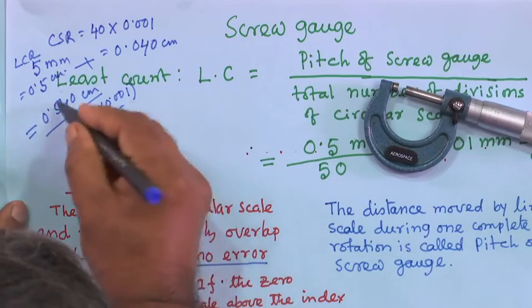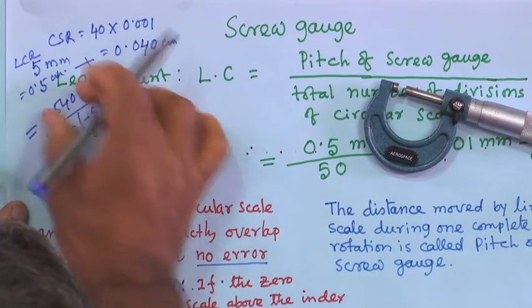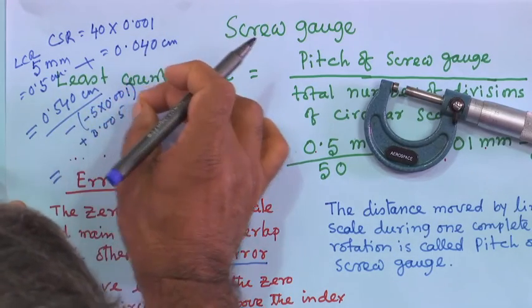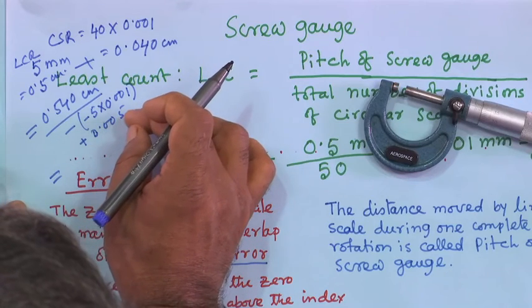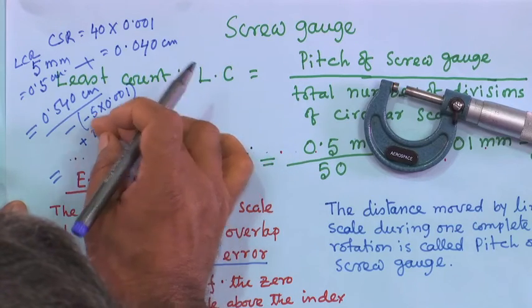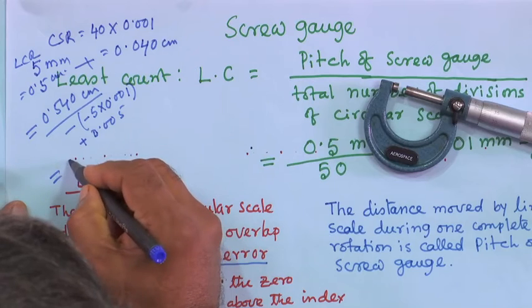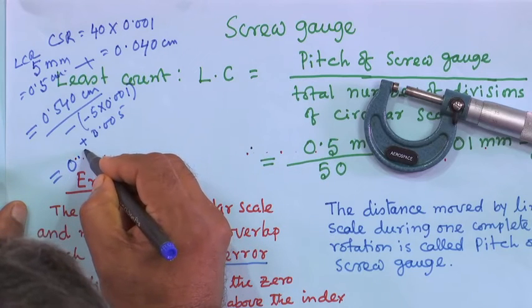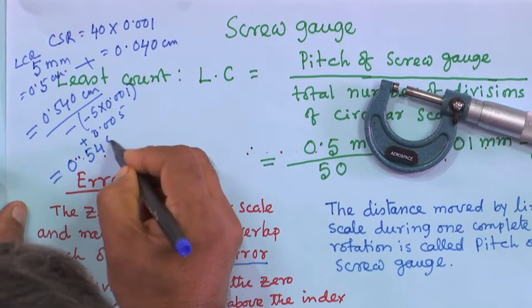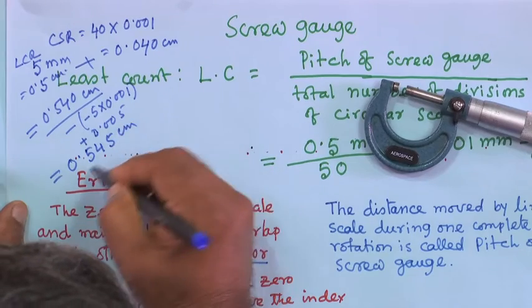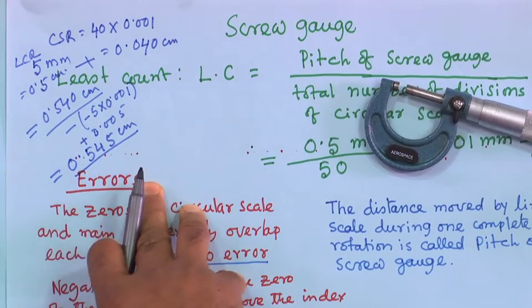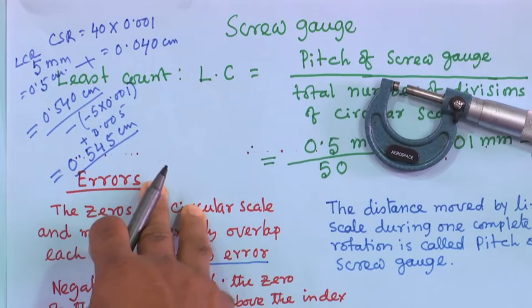Okay. So, this final reading minus of minus 0.005, minus plus, so the ultimate reading will be 0.545 centimeter.